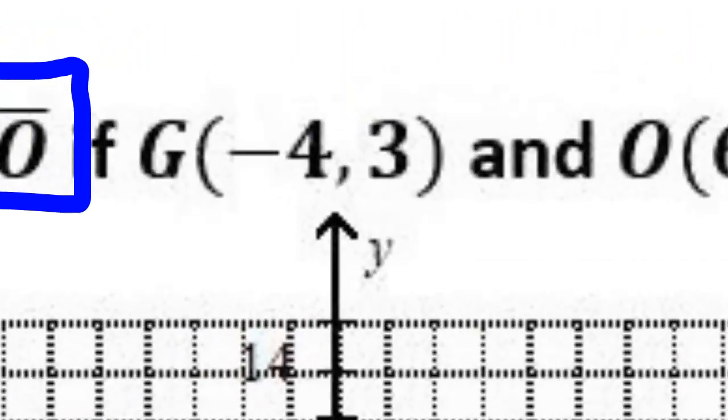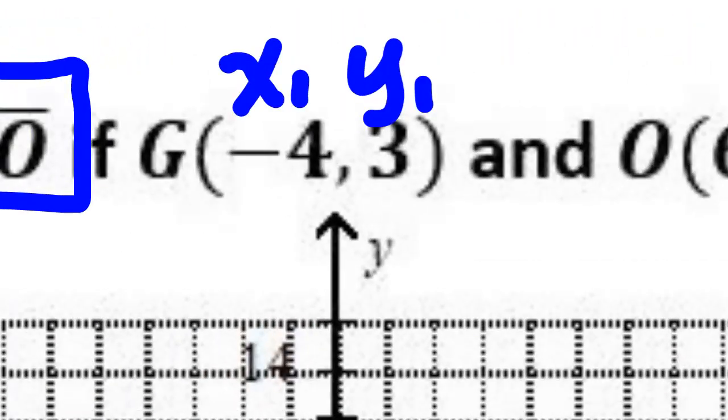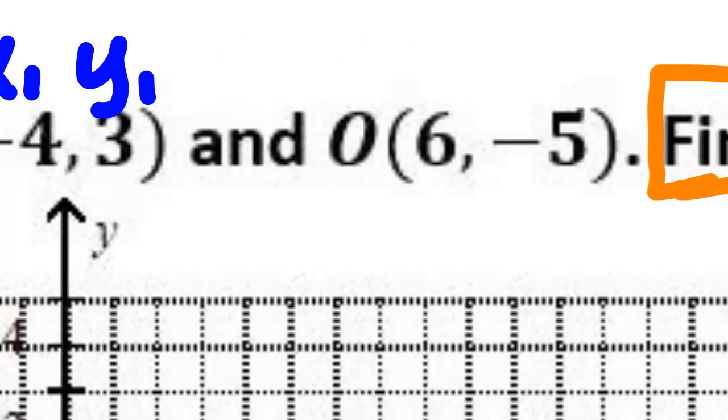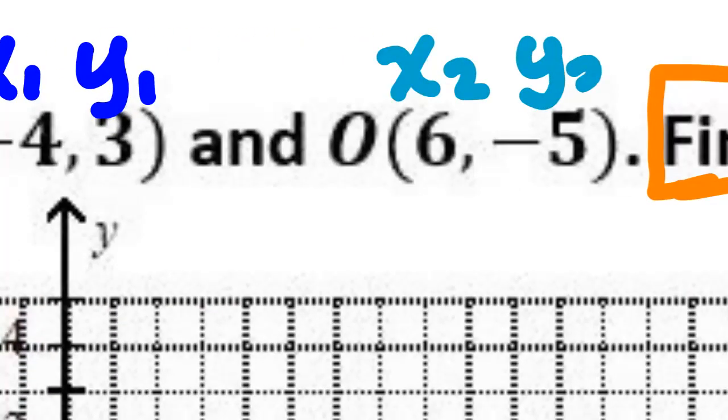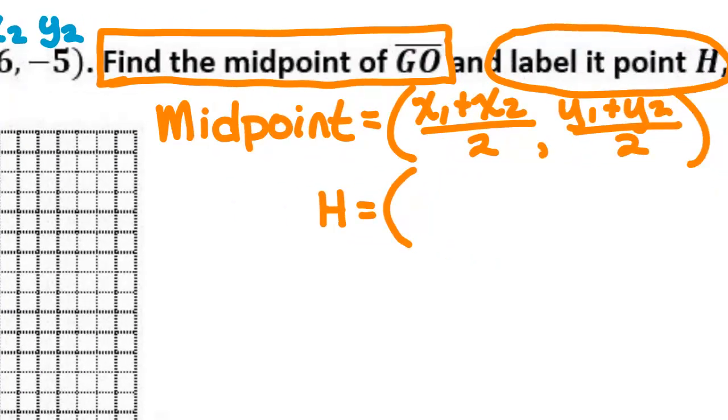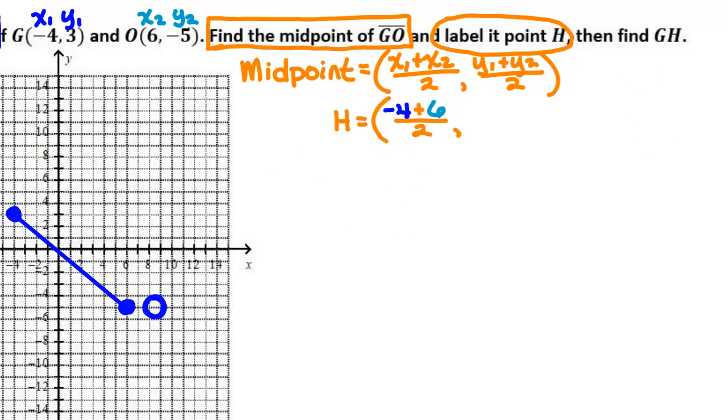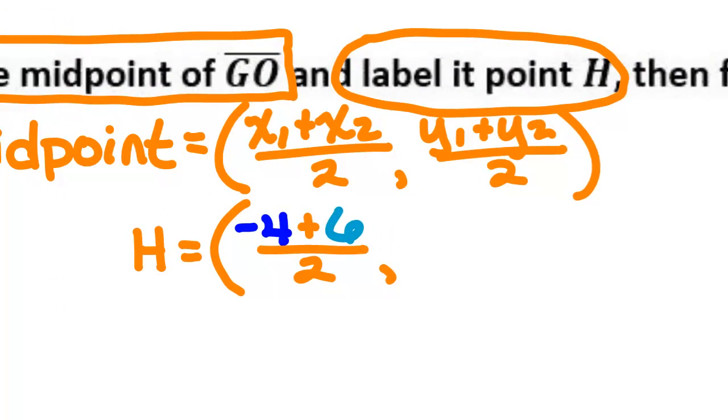Let's let point G be our x1, y1, and point O be our x2, y2. So now when we substitute in, x1 plus x2 would be negative 4 plus our x2, which is 6, over 2. And then y1 plus y2 is 3 plus negative 5 over 2.